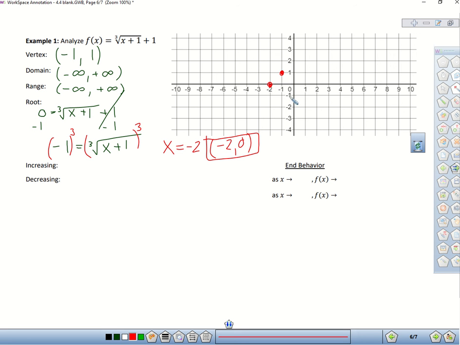And you usually are going to want one more point on this graph. So the easiest one to always find is the y-intercept, okay? So how you find a y-intercept is you just replace x with 0 and see what happens. So we get the cube root of 0 plus 1, plus 1. That's just the cube root of 1 plus 1, which is 2.